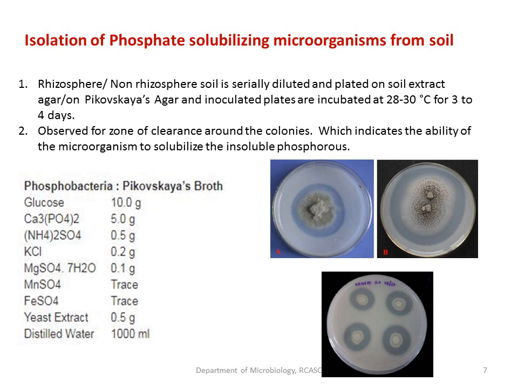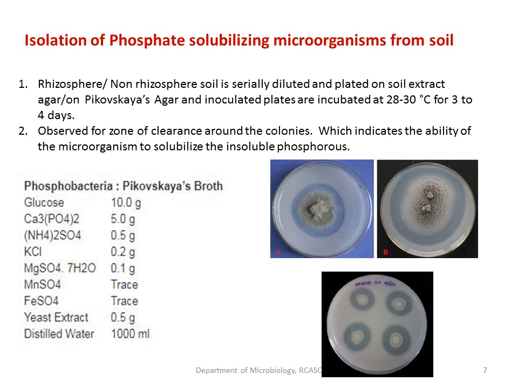How do these organisms solubilize it? During their growth and development, due to various physiological activities, they produce various organic acids, which were listed in my previous slide. These organic acids react with the insoluble phosphorus and convert it into a soluble form, because of which we see a clear zone around the colony, indicating that this organism has the potential of solubilizing phosphorus.